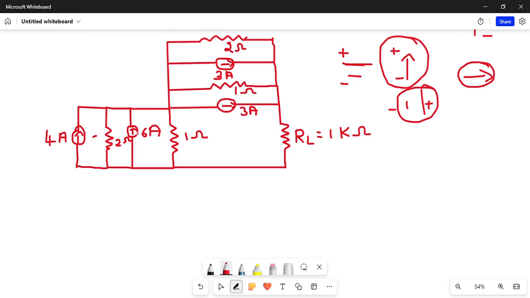So I have to write I is equal to I1 plus I2. The total current is the sum of the two currents because the directions of the two currents are the same. That is, the polarities of the two currents are the same. So I get 4 plus 6, which is equal to 10 ampere.